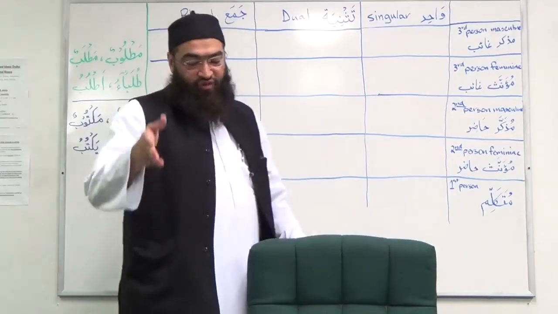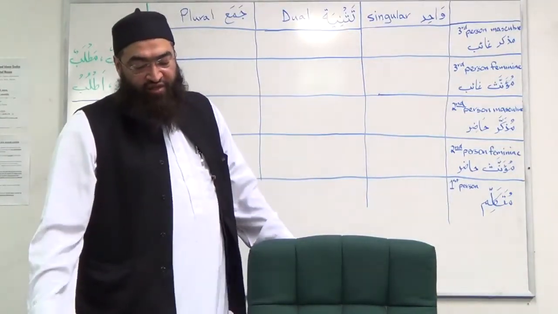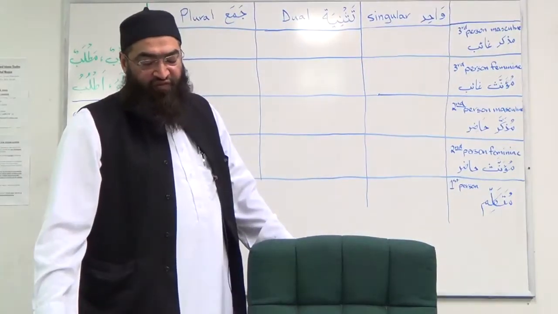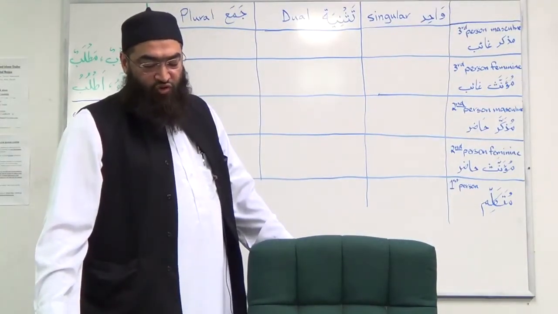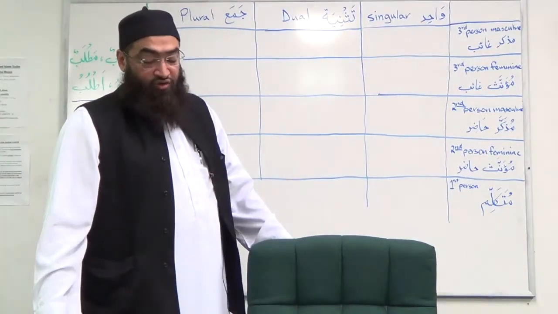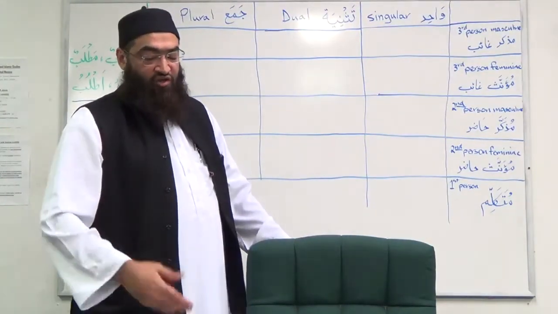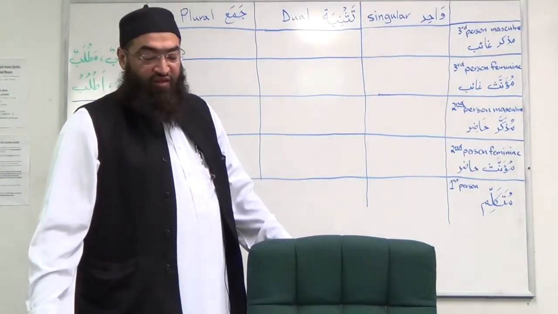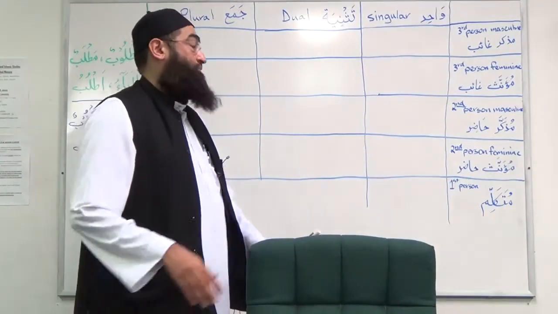All right, so the example of fa'ala, fa'ala, fa'alu, fa'alat, fa'alata, fa'alna, fa'alta, fa'altuma, fa'altum, fa'alti, fa'altuma, fa'altunna, fa'altu, fa'alna is already there. So in the same manner, let's conjugate and let's fill in the boxes for the second word, which means fataha.